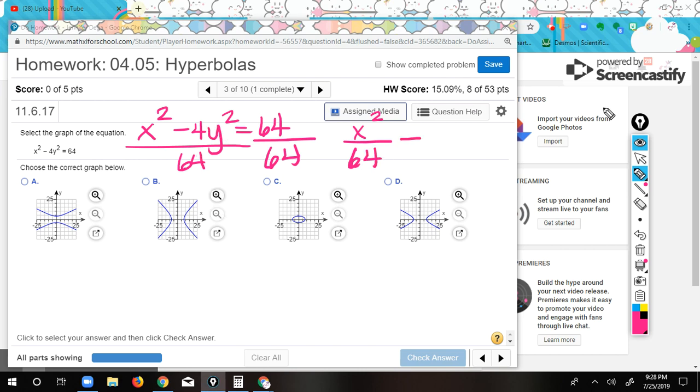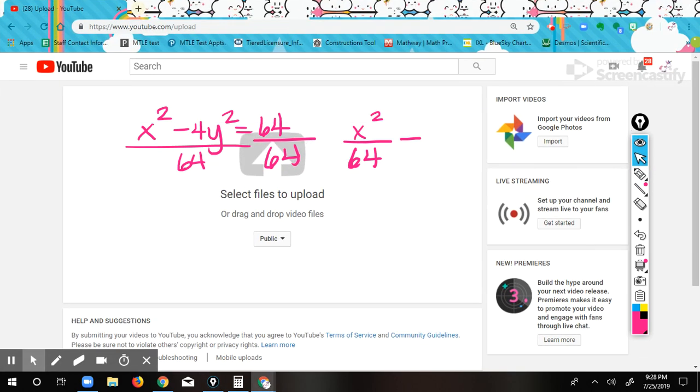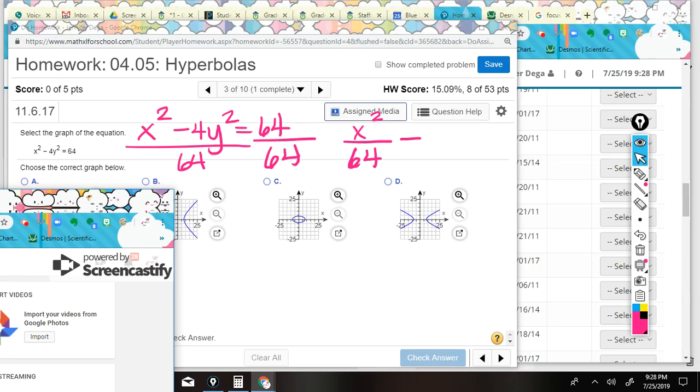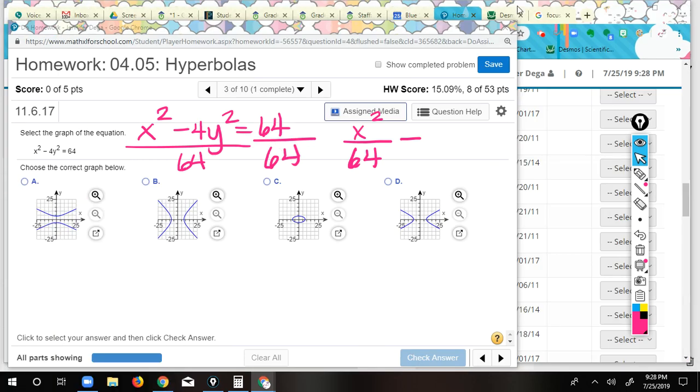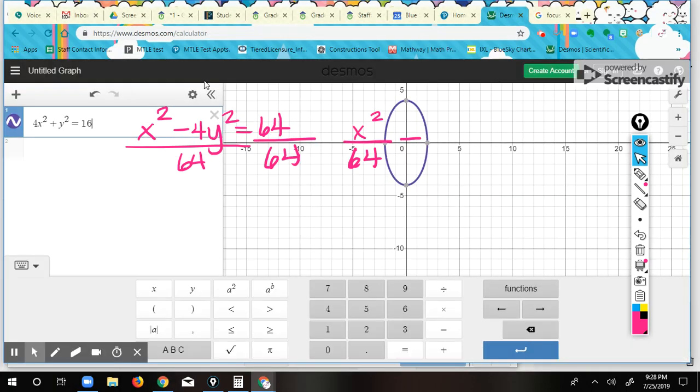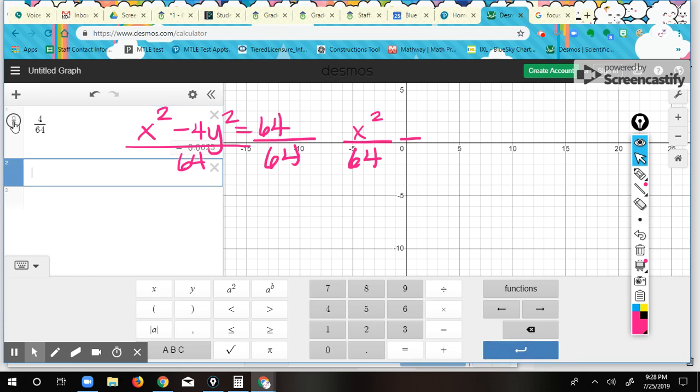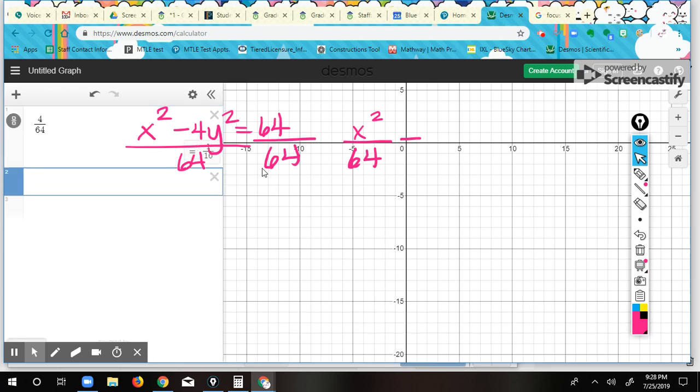What is 4 over 64? I don't know. Can you tell I'm getting tired? Okay, let's clear that. 4 divided by 64. Enter. Oh, wait, it's right here. 1 over 16. Cool.